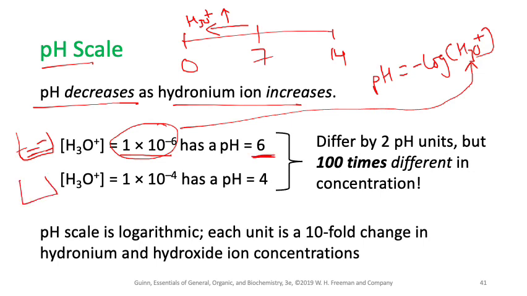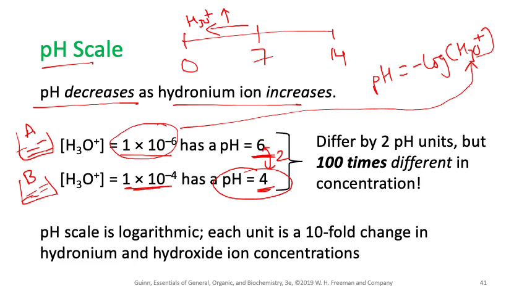And for another solution, the concentration of hydronium ion came out to be, let's say, 1 times 10 to the negative 4. If you use the formula again, you will end up with a pH value of 4. So solution A or solution B, how much difference in the pH value? We have a pH difference of 2. B has 4, A has 6.